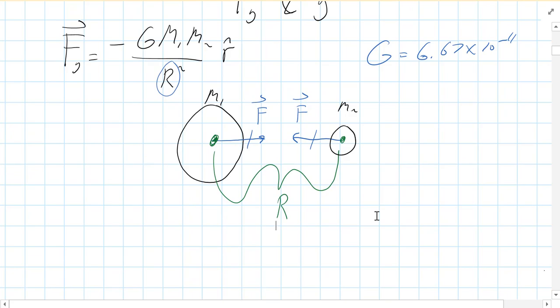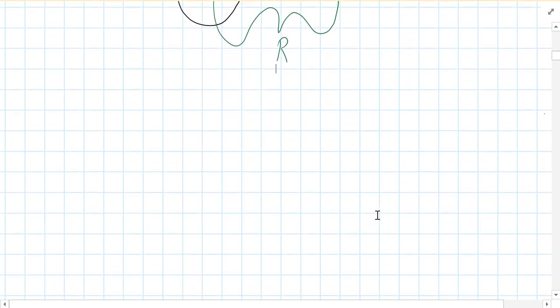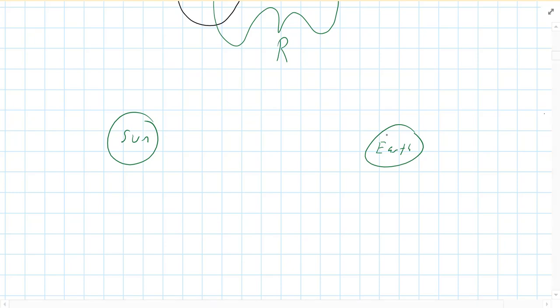All right, so here's my first example. Let's say we're going to have three objects in this example. Let's say we got ourselves the sun, and let's say we got ourselves the Earth. And for the sake of argument, let's just pretend the Earth is stationary, which we know it's not, but let's pretend it is. And let's say you were launching a spacecraft toward the sun from the Earth.